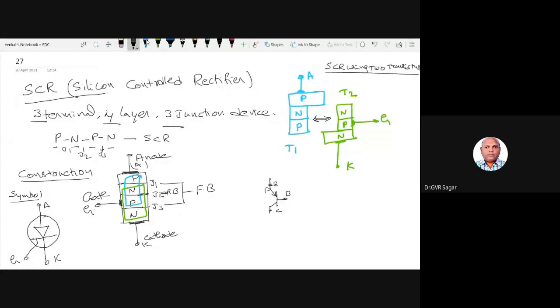The transistor is a PNP transistor, right? So P region, N region, P region. So this P region is connected to the N region of the base. So what I am doing, I am taking this connected to the another transistor base.